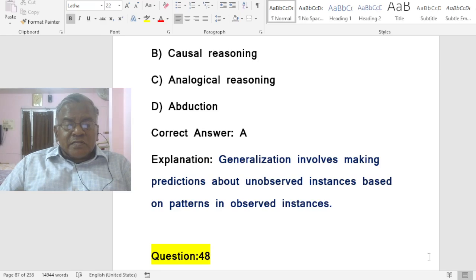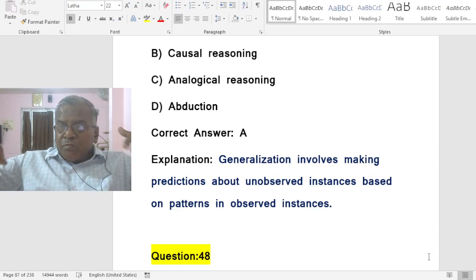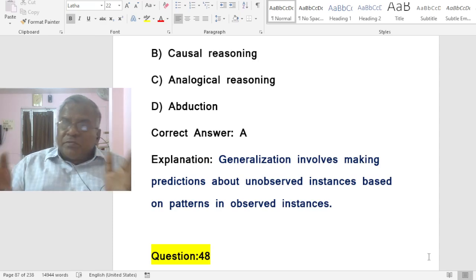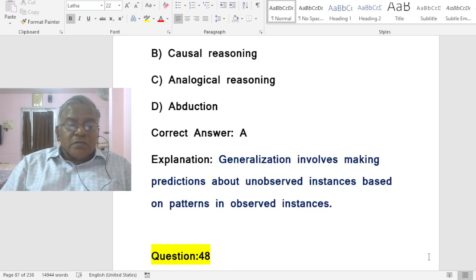My aim is to study the entire group of B.Ed students in Tamil Nadu, but I am taking only 1500 students as a sample. So the generalization involves making predictions about unobserved instances based on these 1500 observed instances. I hope you understood this.